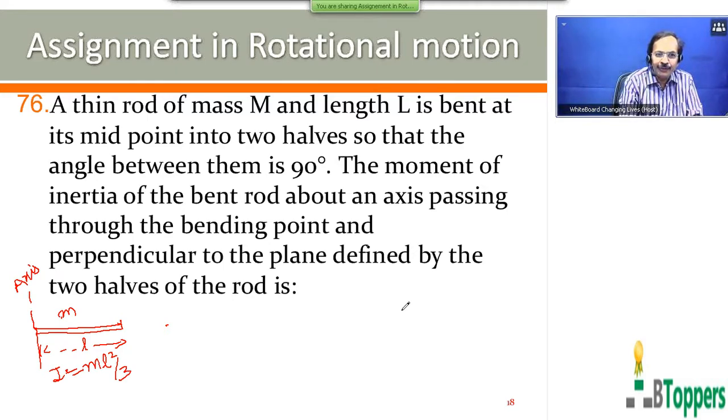So when the rod is bent into two parts, rod of total mass capital M. So length of each part, suppose it is denoted by small l.